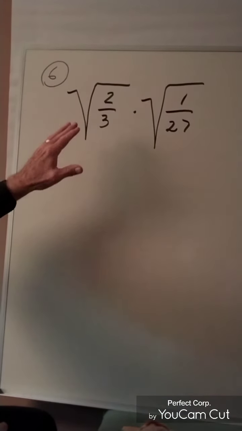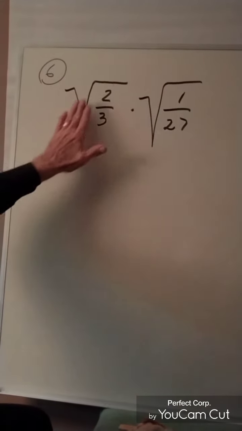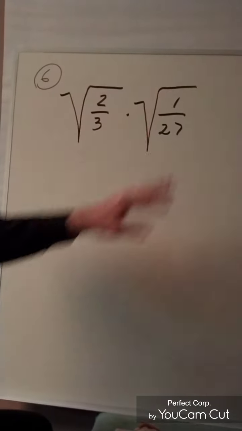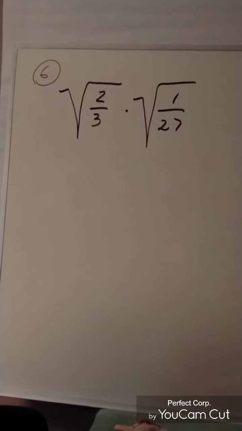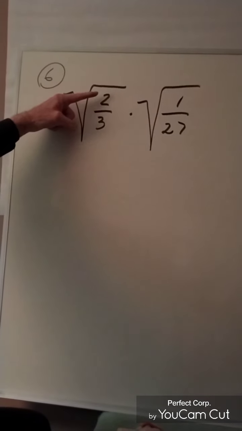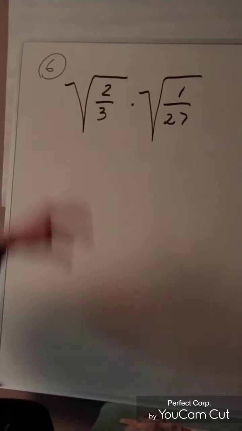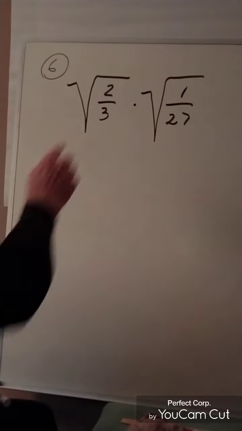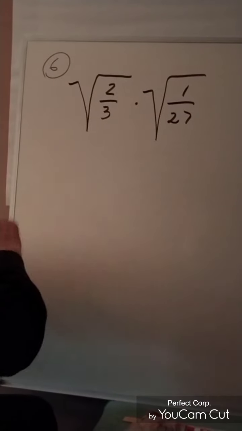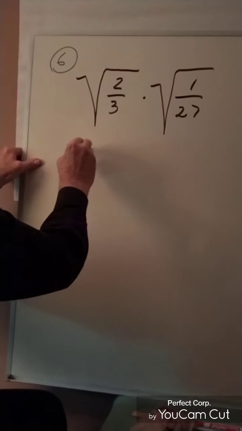If a radical expression represents a product of radicals, multiply them together to get a single radical. No, I wouldn't split this up. No, I wouldn't split him up. I'd multiply them together. Tells you to. So let's multiply them together.